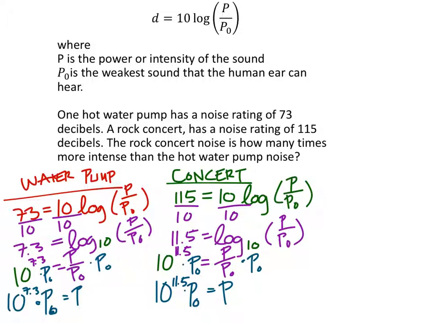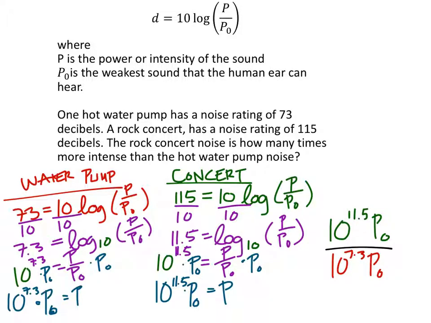All right, just like the earthquake one, I want to know how much bigger it is, specifically how much bigger the concert is. So I take the concert's intensity, which is P, that's 10 to the power of 11.5 times P sub 0, and I will divide it by the water pump intensity, which is 10 to the power of 7.3 times P sub 0.